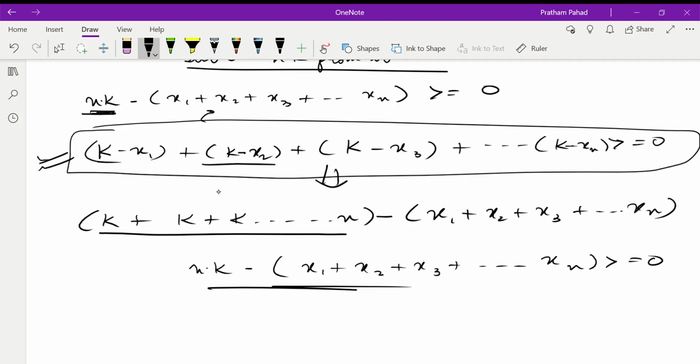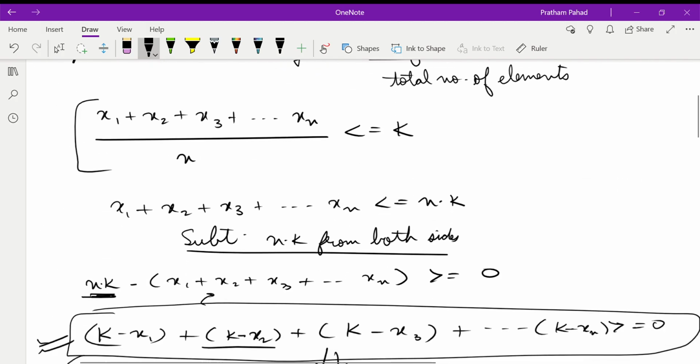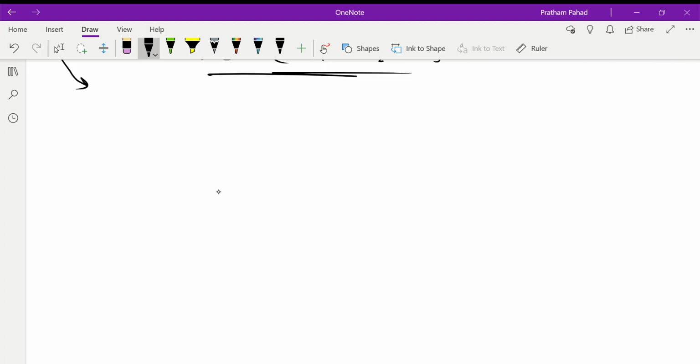So this thing gives us some idea, that we can try reducing the k from each and every element of the array. Let's take 4, 2, 1, 3, and 5. And we are given k, so let's reduce k from each and every element.